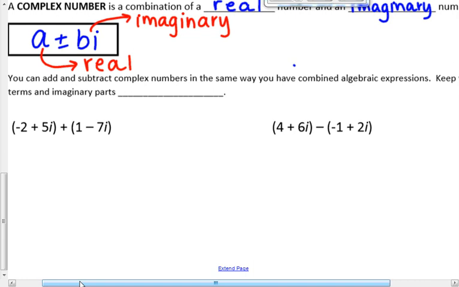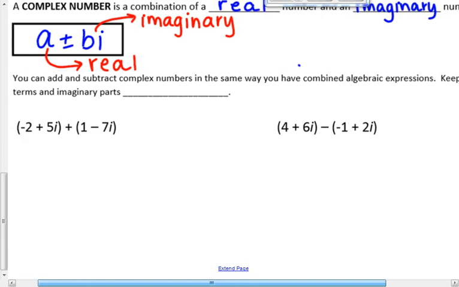So to get into operations, it's really no different than what we do on polynomials, and we're just combining like terms. It's really all we're actually doing here. It's nothing really different than what you're used to. So you can add and subtract complex numbers in the same way you have combined algebraic expressions.